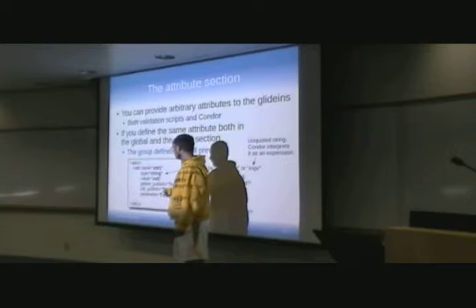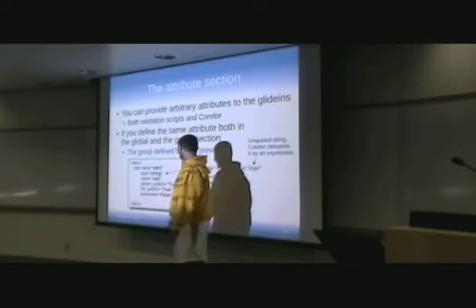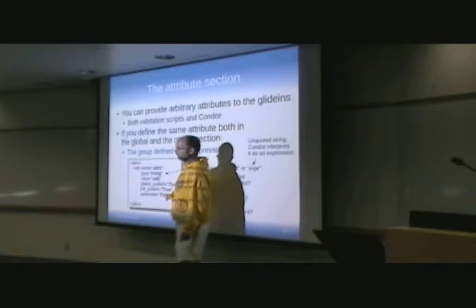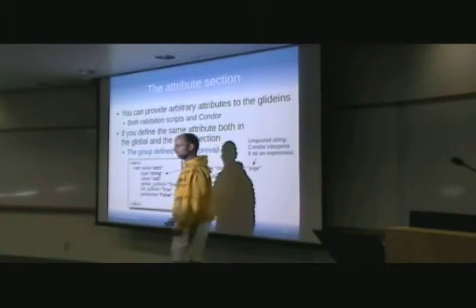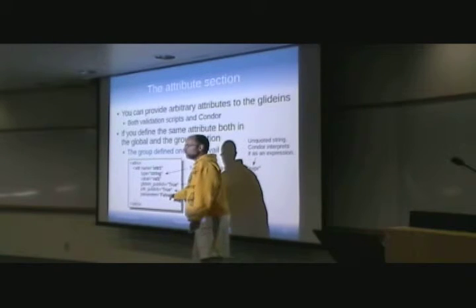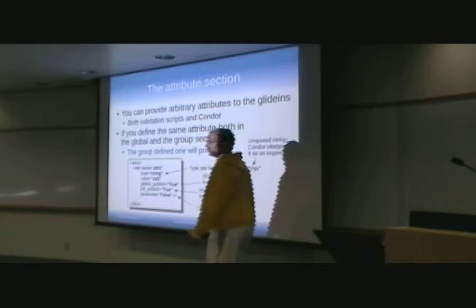It's there for just a few exceptions. Whatever you want to define that is VO specific, you probably want to keep that false, because the factory doesn't need to know what the heck you do in the VO. Stuff like if you want to use glideinExec, you probably should put it through.